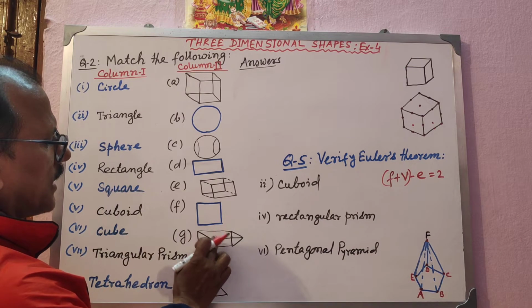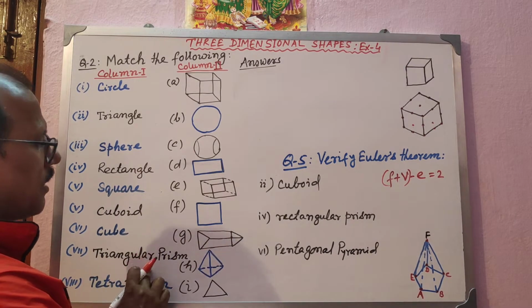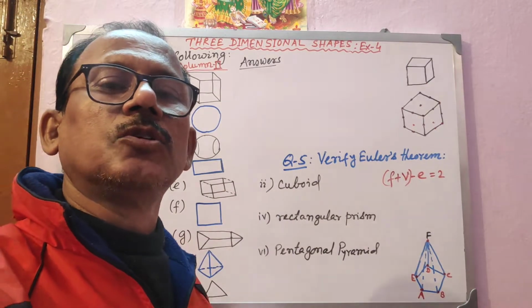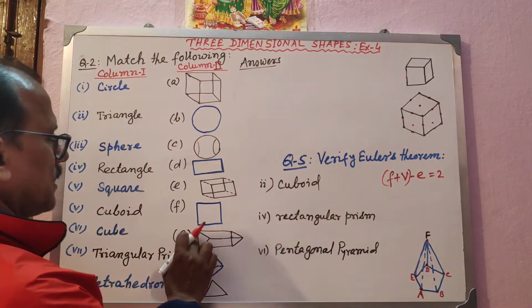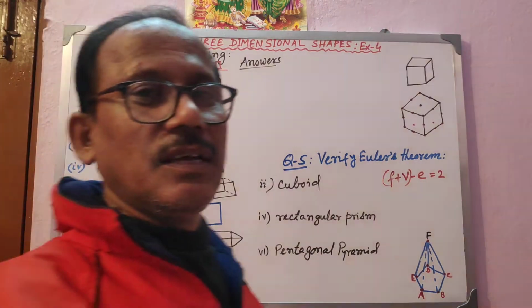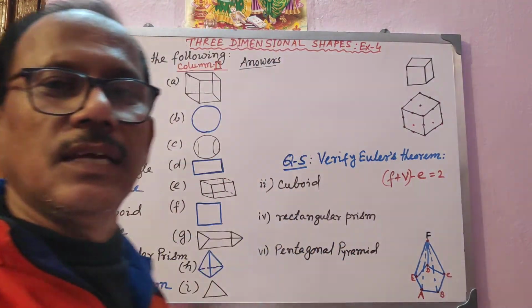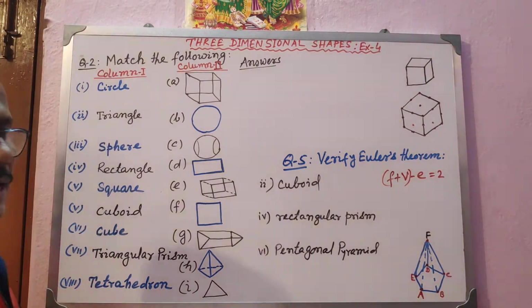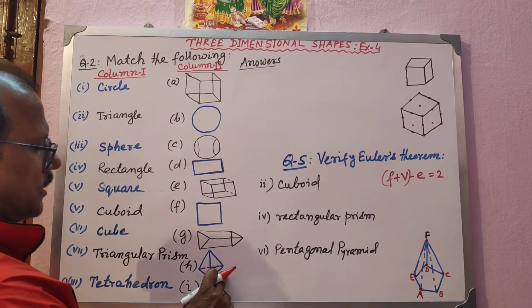See, the side face is rectangular in shape, but triangular means the base and the top face will be triangular in shape. G is matching. And tetrahedron means a triangular pyramid, a pyramid whose base is a triangle, that is obviously this one, H.